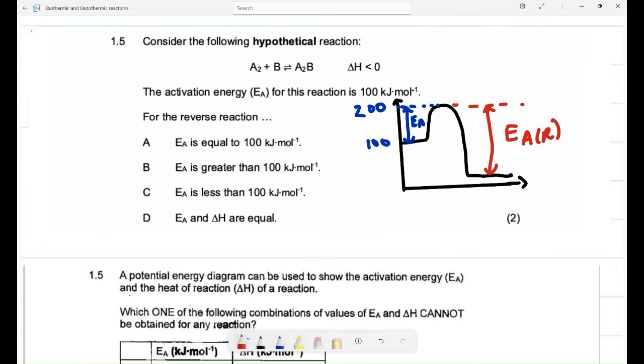And I want you to see something. The blue color is for the forward, and this is for the reverse. This is the change in H. Oh, sorry, let me do this.